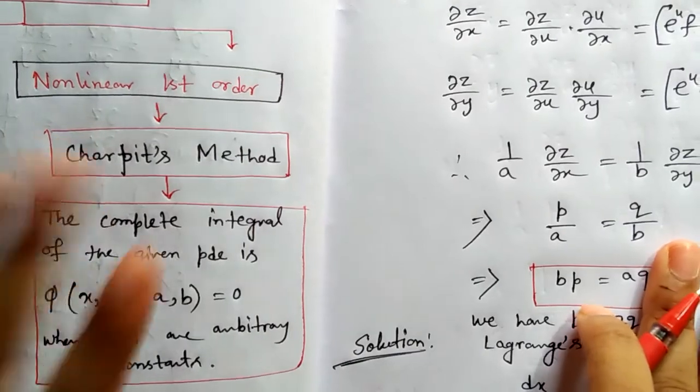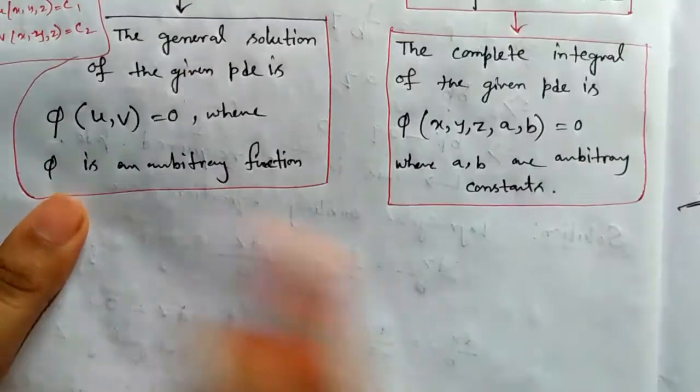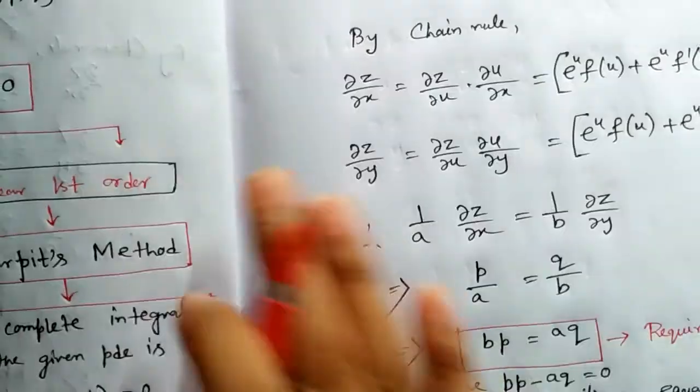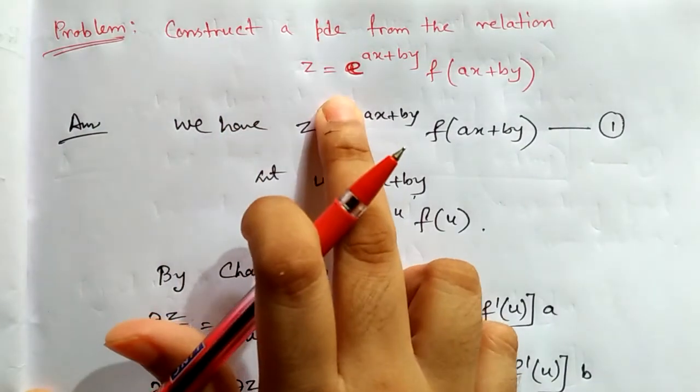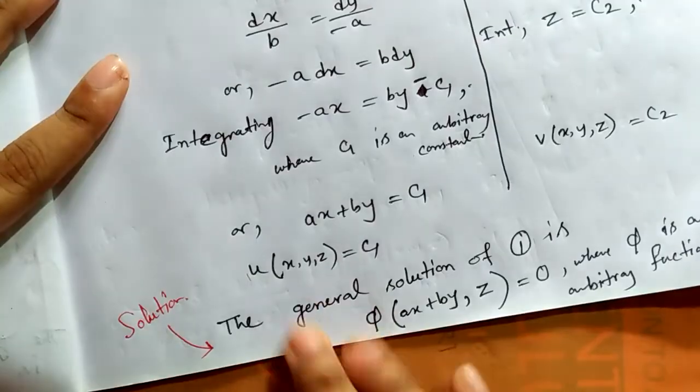in this part I have asked whether the first relation and the last relation are the same. So see here, this is our given relation and the solution is this.